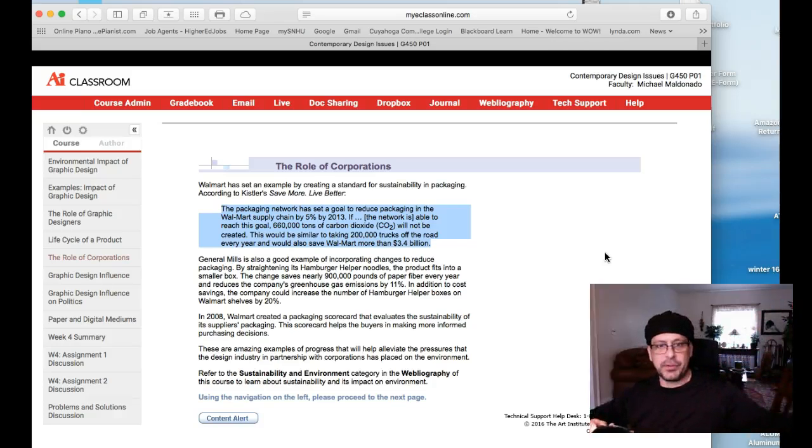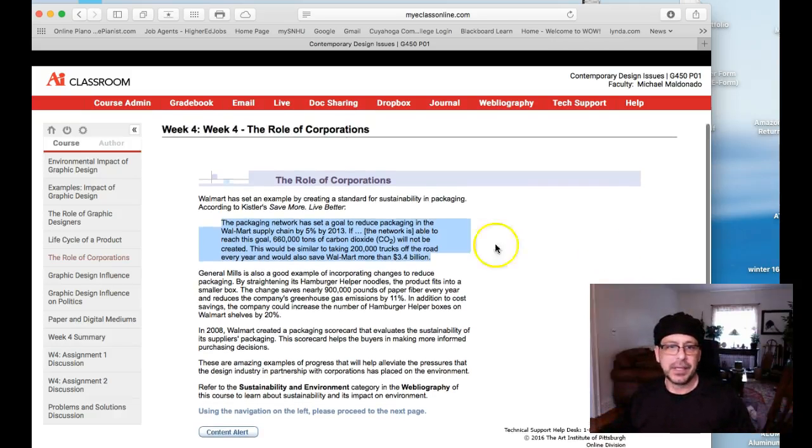it's fiduciary obligations. So when we read about Walmart being a forerunner in packaging reduction to reduce carbon dioxide emissions, bullshit. Look how much they saved. They saved $3.4 billion that year. So don't read through things, folks.